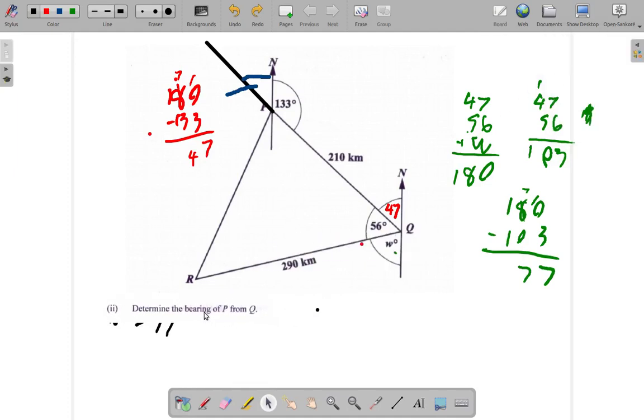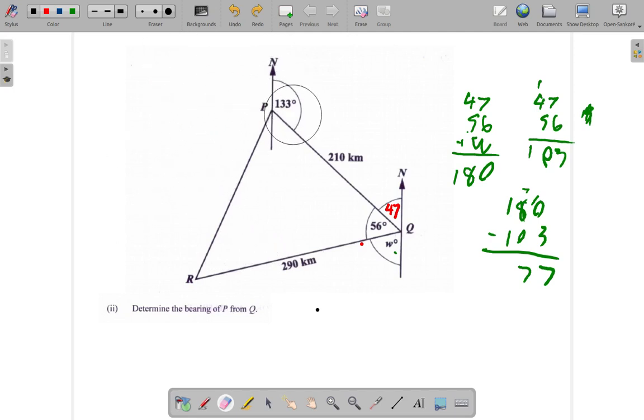They're asking for the bearing of P from Q. Let me just erase. No, this was 47. I don't want to erase this part yet. I might need it. And the 77 degrees. Let me write it there. The bearing of P from Q.